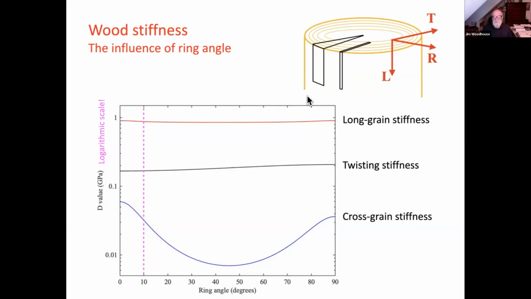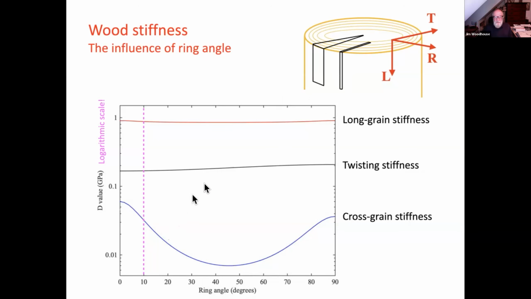There are still, whatever the ring angle, so this is a graph as a function of the ring angle in degrees, where 0 means the perfect quarter cut plate. And by the time you went all the way up to 90 degrees, it would be a pure slab cut plate, tangential. They'll never sell you one like that, perhaps. But they may sell you things in the middle here.